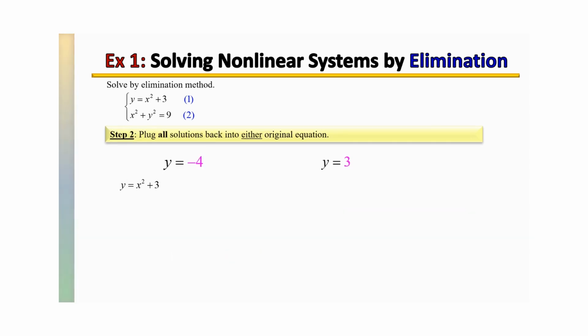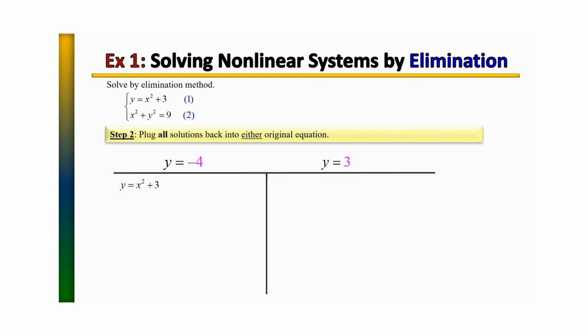So our next step is to plug our solutions back into either original equation. I'm going to choose the first one simply because it looks like the math would be a little bit simpler. Into the first one, I'm going to remove the y and replace it with -4. Next, to solve for x, I need to subtract 3 from each side.